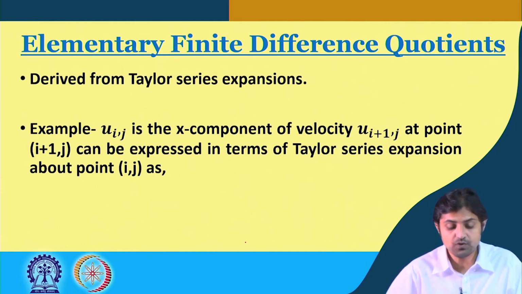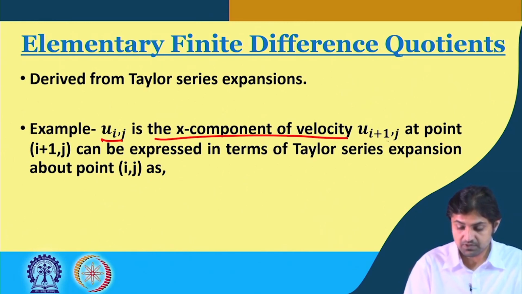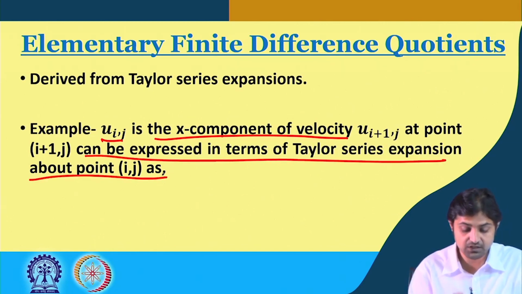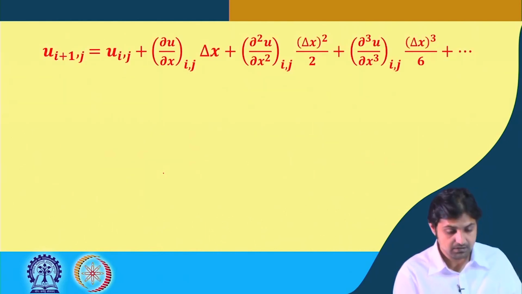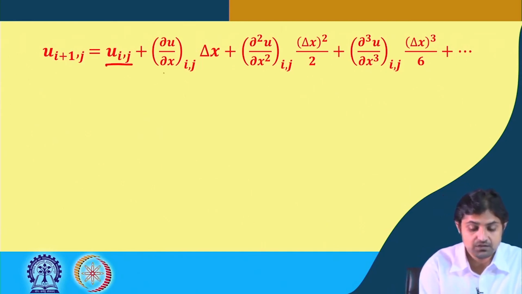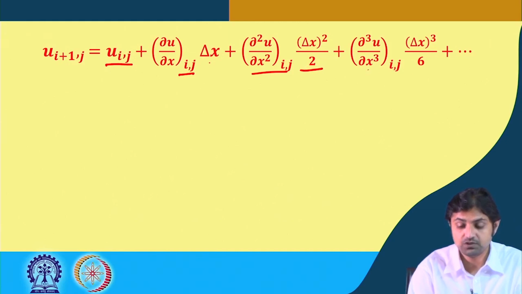So, an example is that u i,j is the x component of velocity. u i plus 1,j, at the point i plus 1,j, can be expressed in terms of Taylor series expansion about point i,j as: u i plus 1,j can be written as u i,j plus del u by del x at i,j into delta x plus del square u by del x square at i,j multiplied by delta x square by 2 and so on.